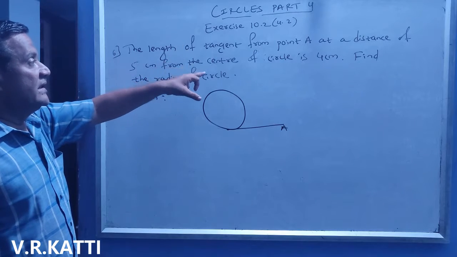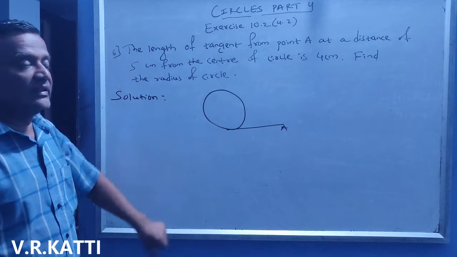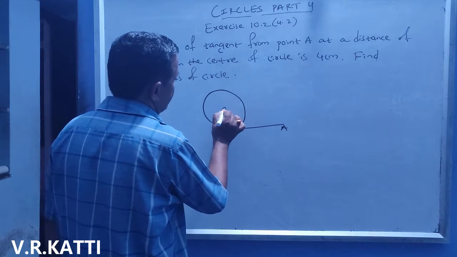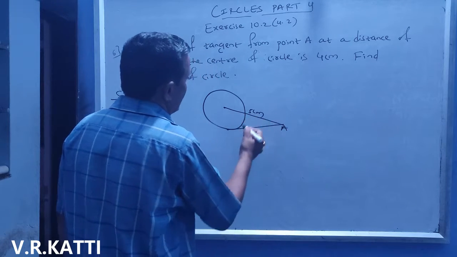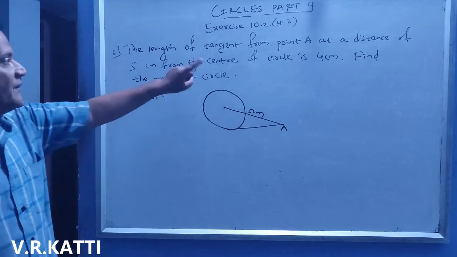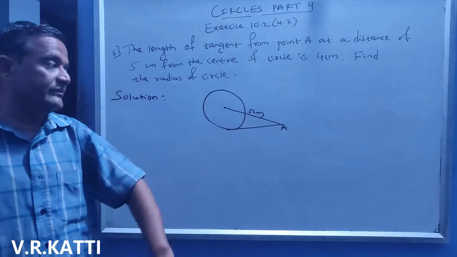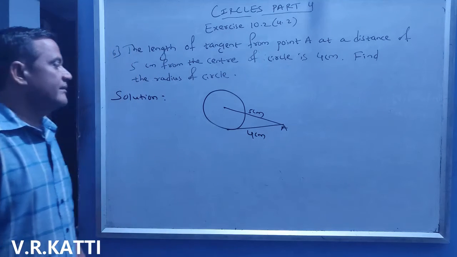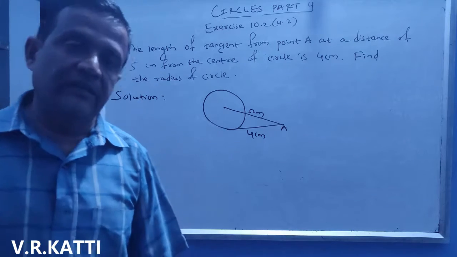The length of the tangent from point A is 4 cm, and we have to find the radius of the circle.